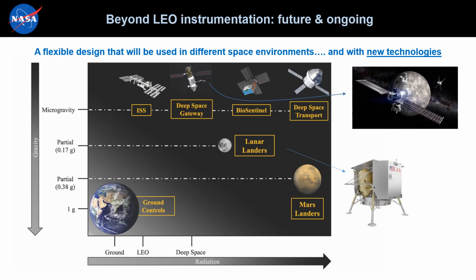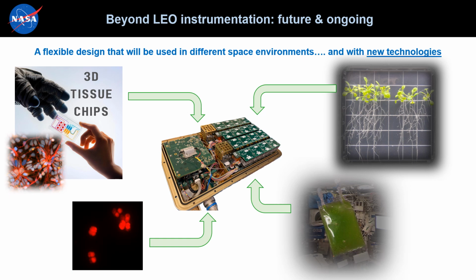So our main interest, as I mentioned over the last few slides, is to develop a capability that allows us to use it not just on the moon, but on Mars, but everywhere. Something that is highly flexible, that we can put in a satellite, in a lunar lander like LEIA, maybe on Mars, on the ground on Earth. So it allows us to study not just one organism, but a variety of different systems.